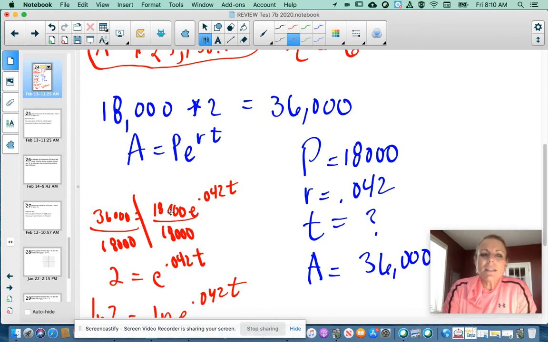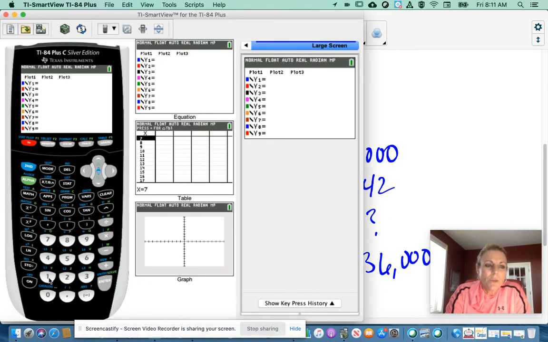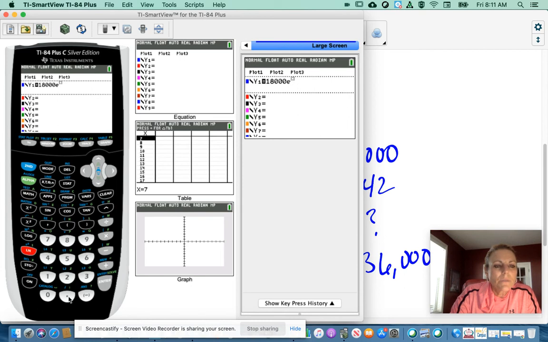So if I plug this model, 18,000 e to the 0.042t, into my calculator right now, we should get about the same answer. Y equals 18, second ln, 0.042x.